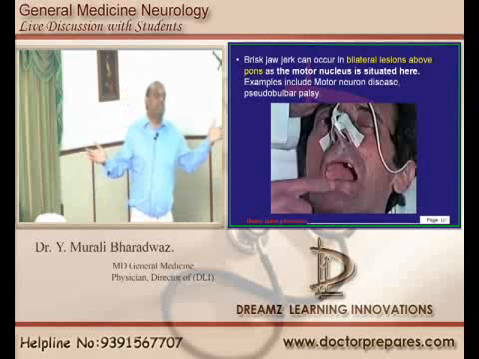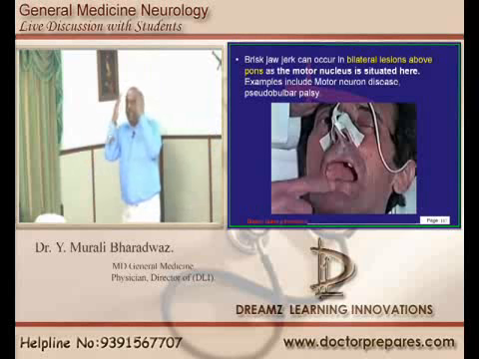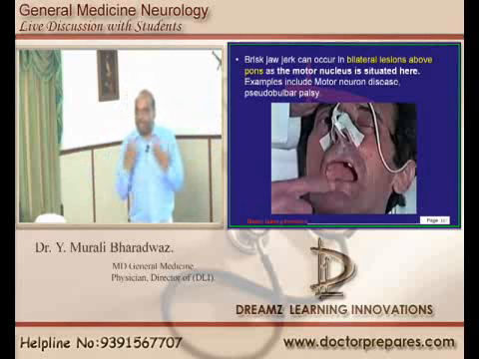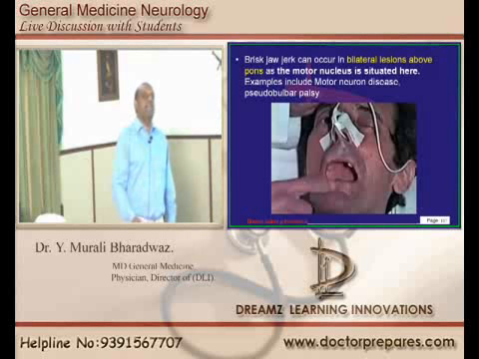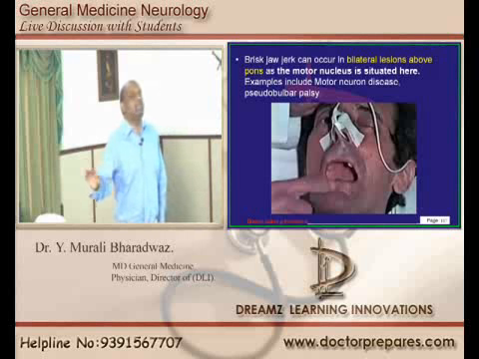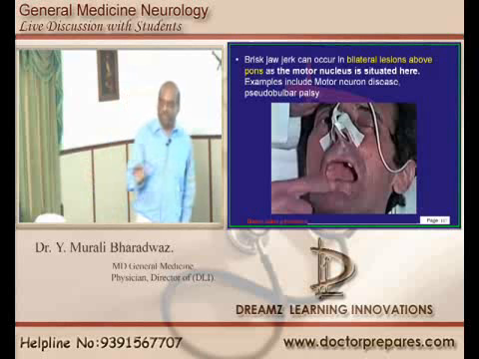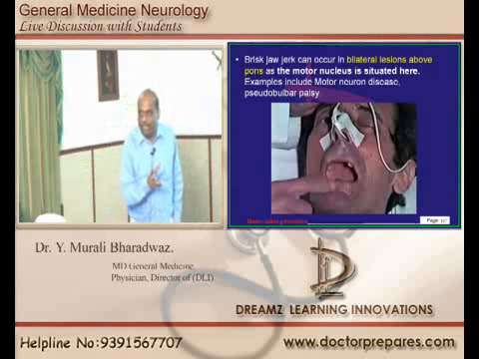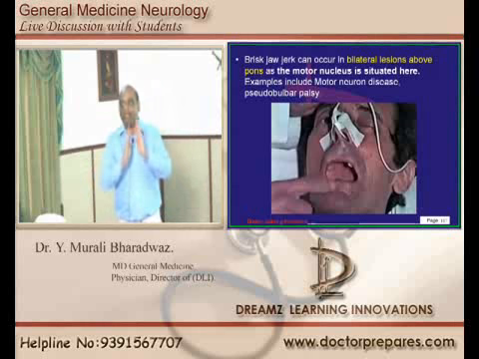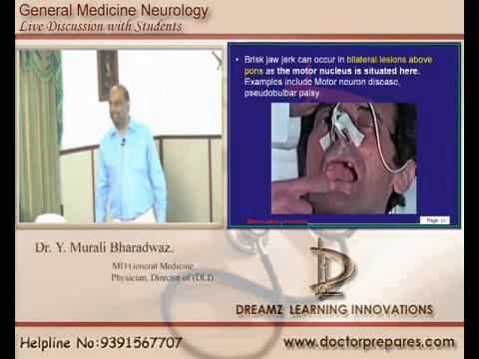Now the question comes: why should bilateral corticobulbar fibers get interrupted? There are certain diseases like amyotrophic lateral sclerosis, otherwise called motor neuron disease. That sclerotic pathology involves both the corticobulbar fibers.